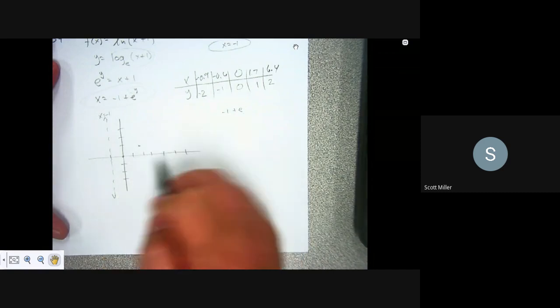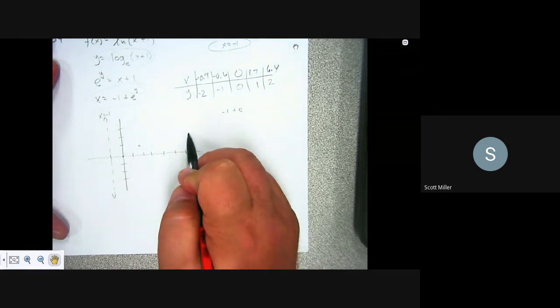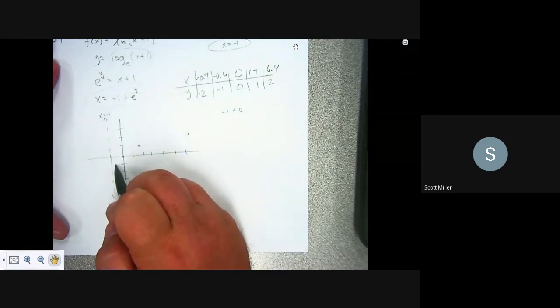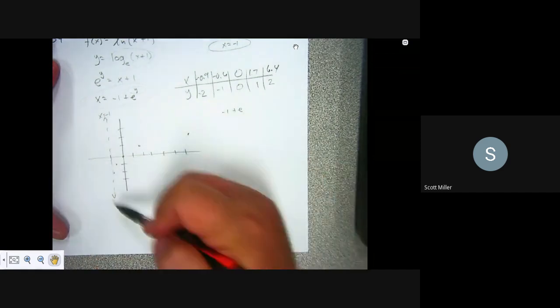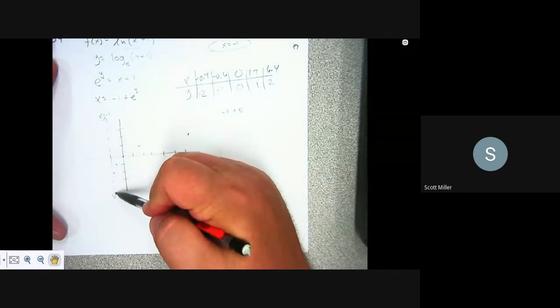At 6.4, I got the number 2. As I get closer, it's moving down. Remember, logs are going sideways, unless you have some kind of weird reflections.